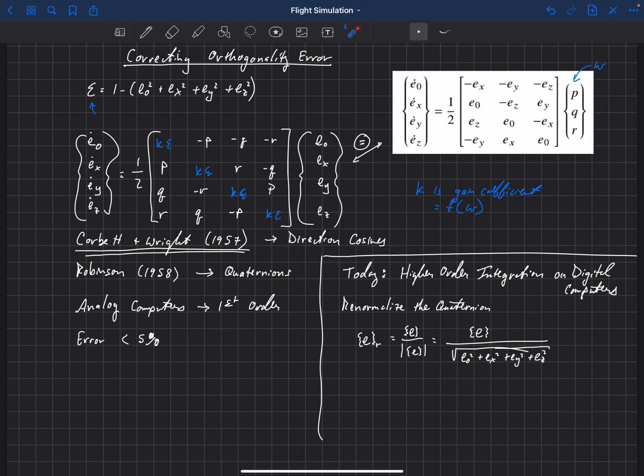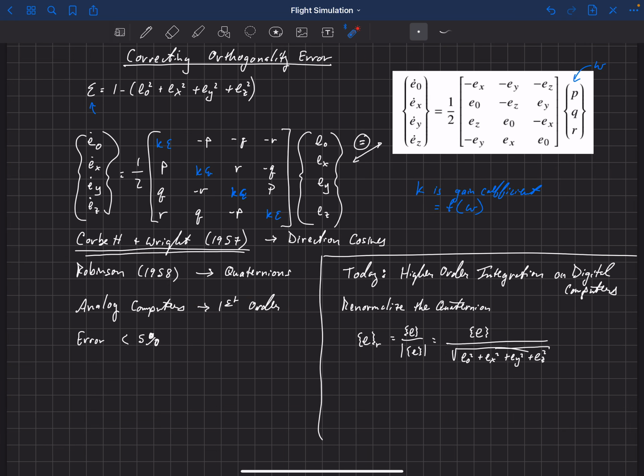Okay, so it turns out that if you use this method for renormalizing the quaternion in a first order integration scheme, you actually get really poor results.